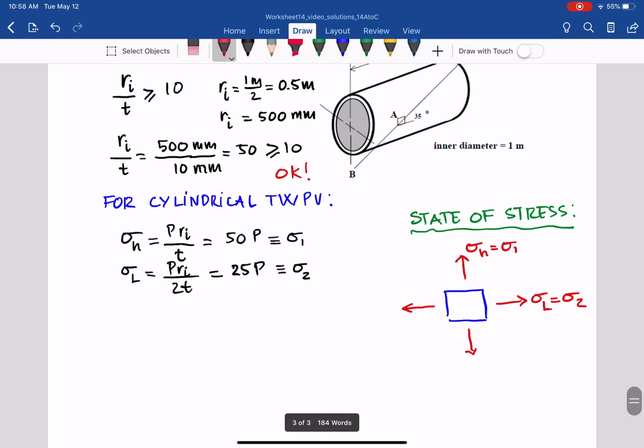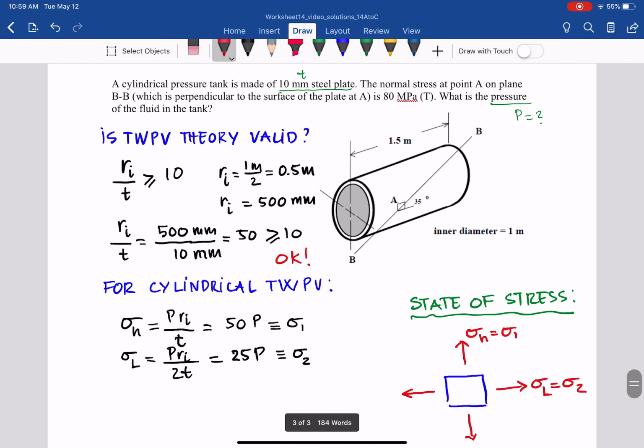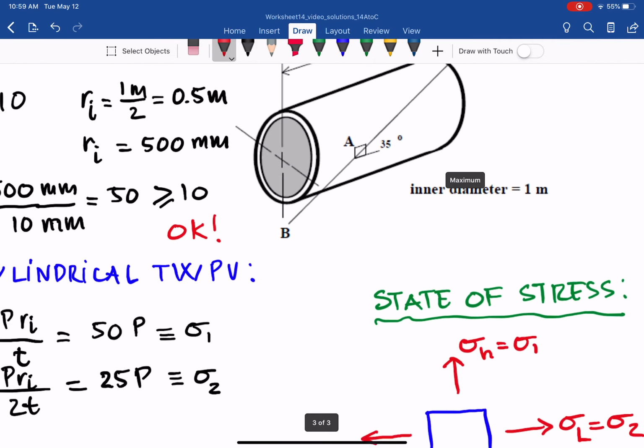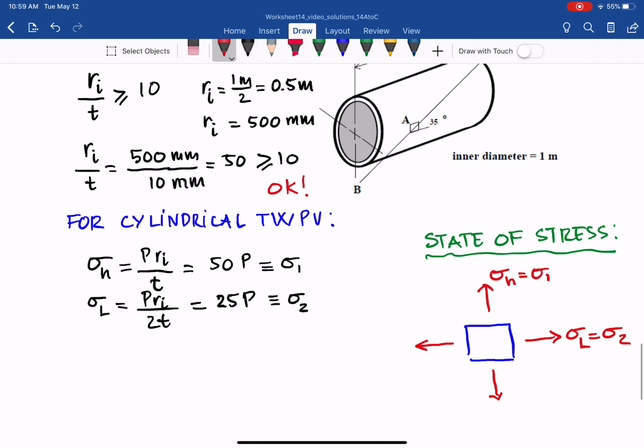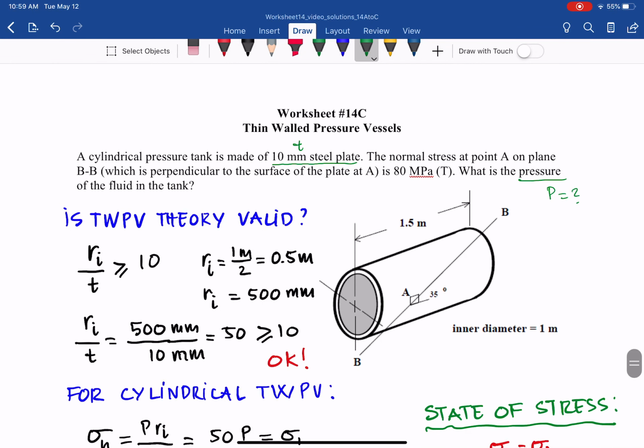And what is given is the normal stress on plane BB, and the angle is 35 degree from horizontal. So let's draw that down. That plane BB, put here 35 degree. So that angle that they give us here is 35 degree. And the sigma of that is perpendicular to the surface.